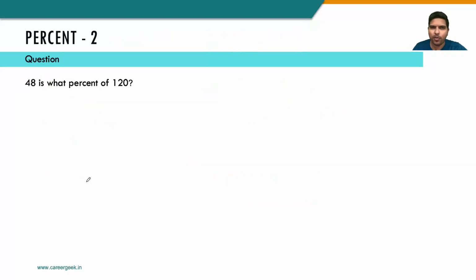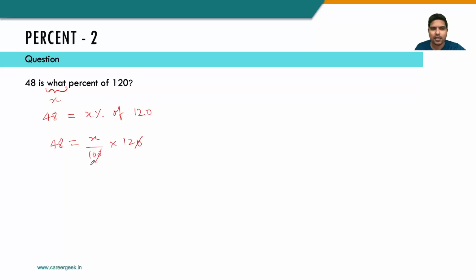So these are the three basics. We'll see a few questions. 48 is what percent of 120? In place of what, I'll take X. Always do that. 48 is equal to X percent of 120. Now I just need to find the value of X. X percent of multiplication 120, right?